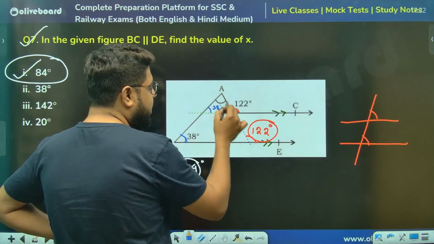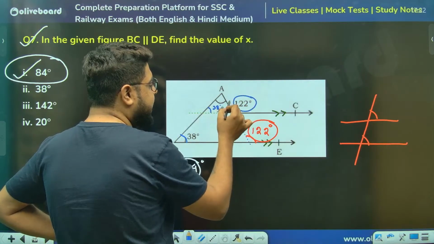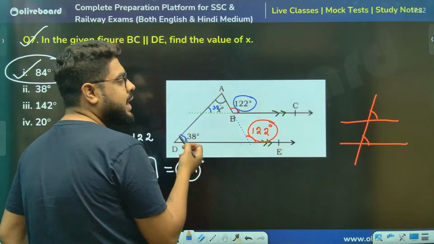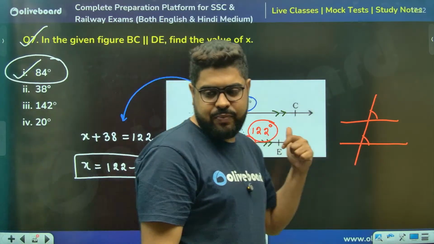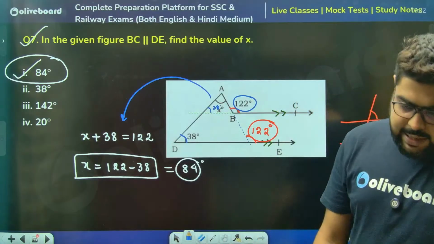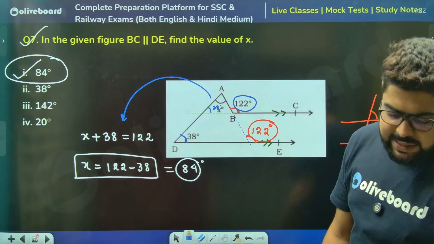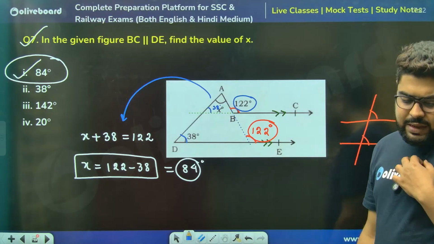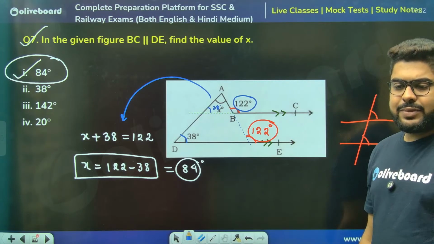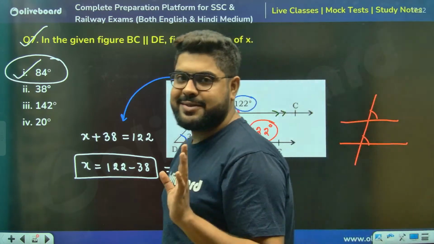Take the smaller triangle here; the external angle should be equal to x plus 38. The solution will be the same. Just the way of approaching the question might differ a little bit, but that's all there is.